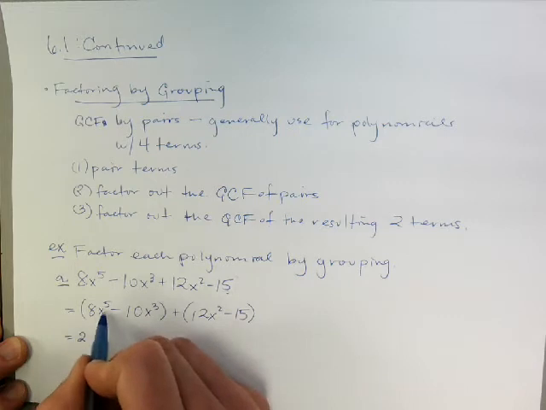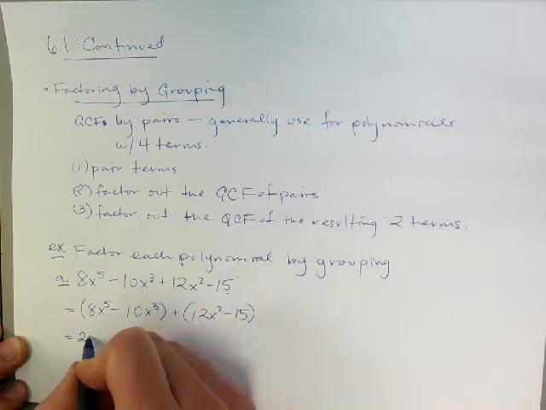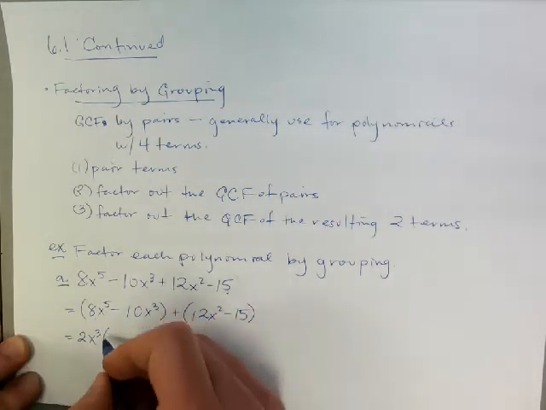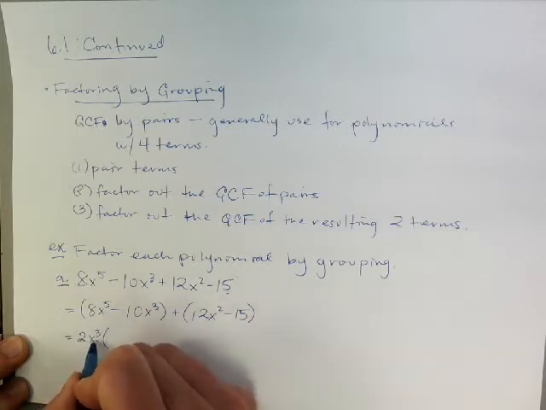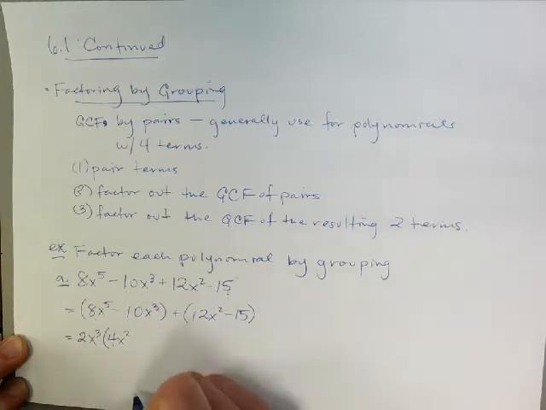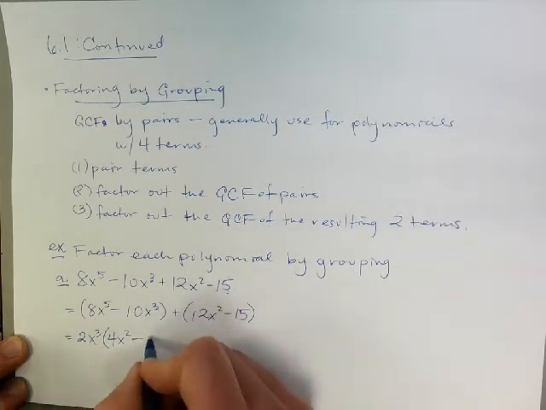And x to the 3rd and x to the 5th, they're divisible by the lowest power of x to the 3rd. If we factor that out then, so we do 8x to the 5th divided by 2x cubed. That leaves 4x squared. And then 10x cubed divided by 2x cubed will leave us with a minus 5.